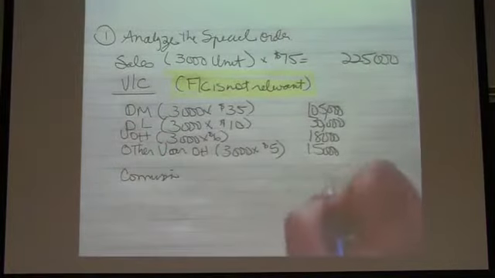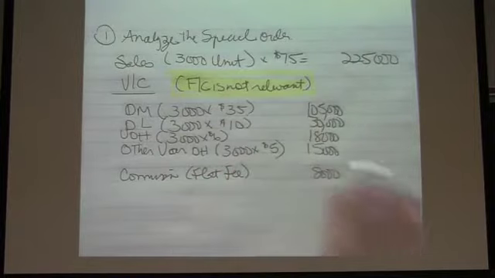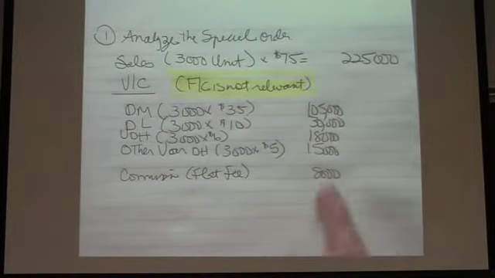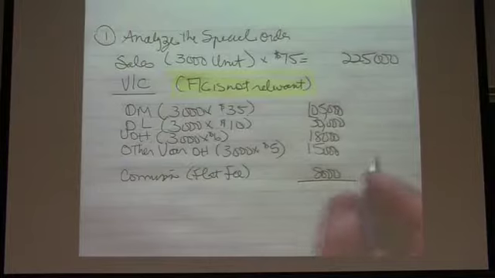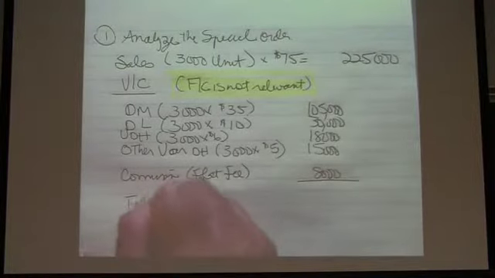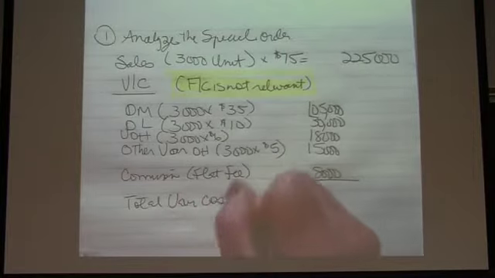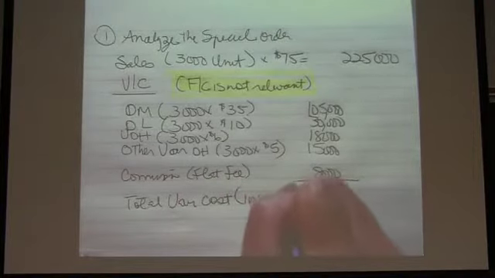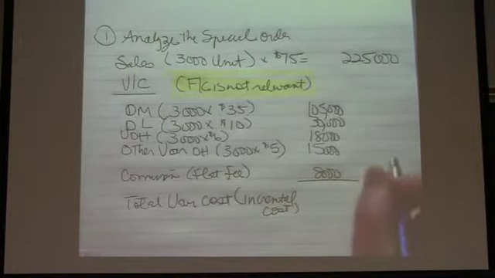Even though it's fixed, it's relevant, because without the special order, this $8,000 wouldn't have been incurred. So that's why it's relevant. So total variable cost, or I'll call it incremental cost if you like, is 176.